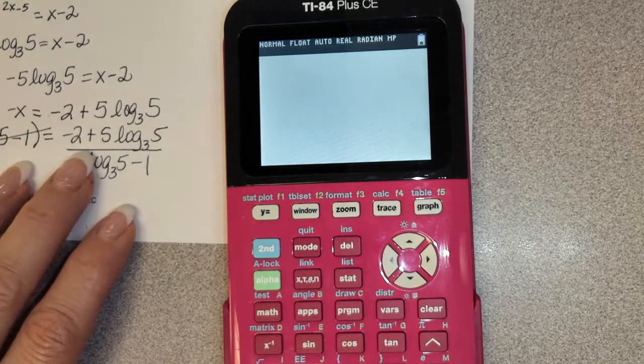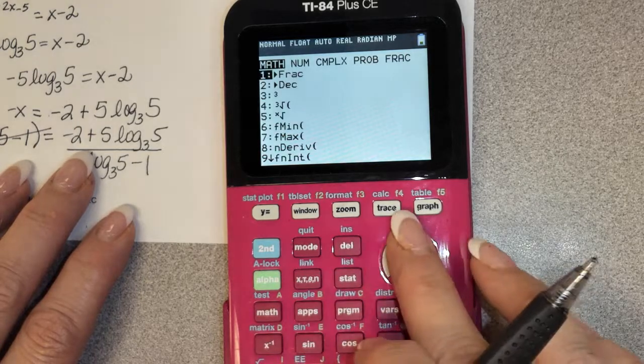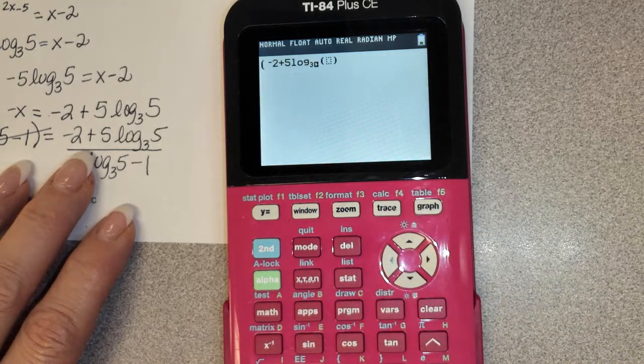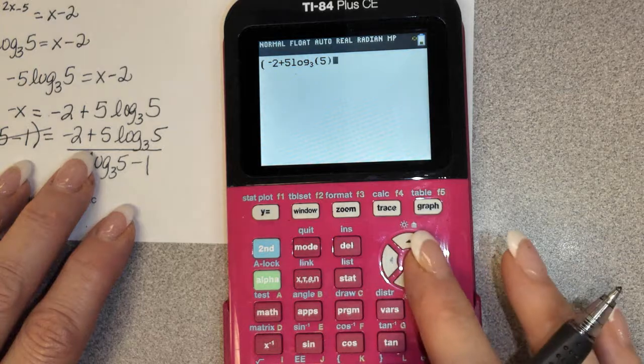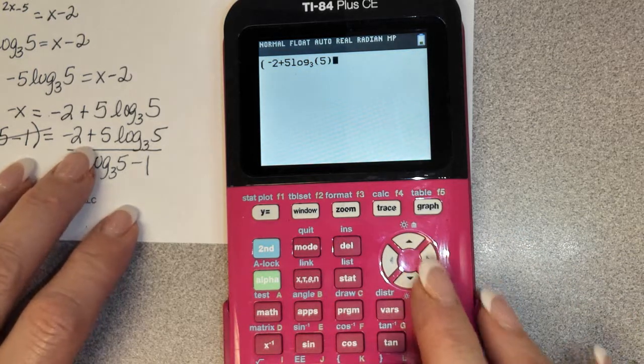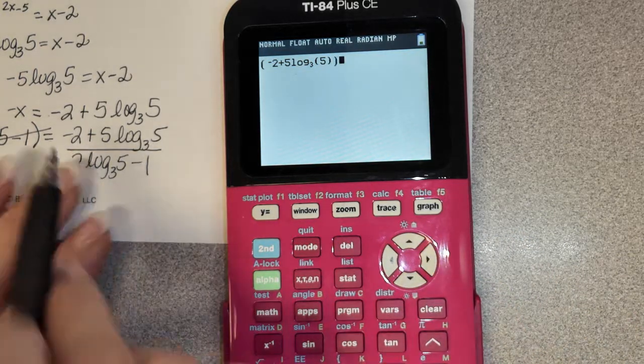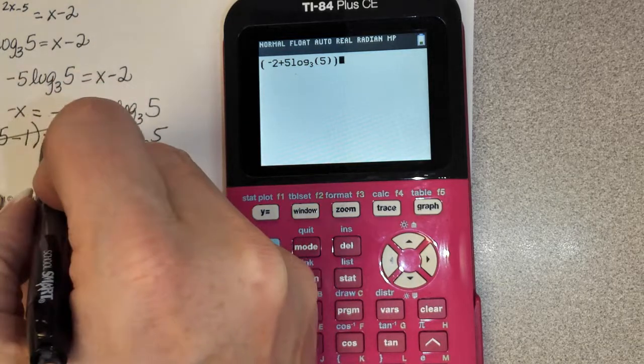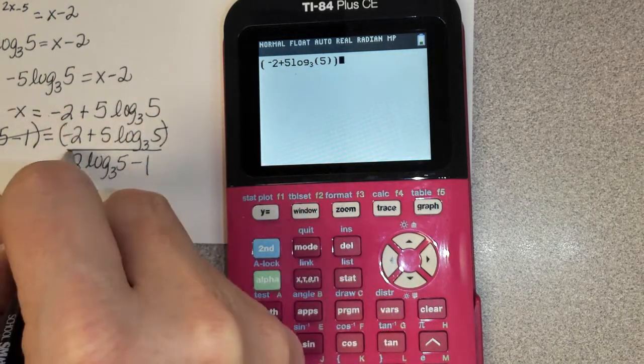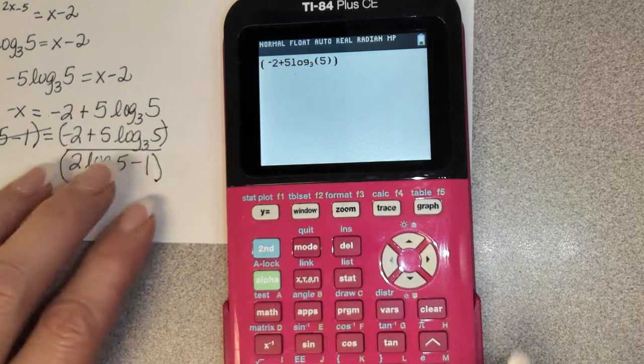Well, I can just type this in. Negative 2 plus 5 math log base 3 of 5. And I have to put all of that in parentheses because I want that entire thing to get divided by that entire value.